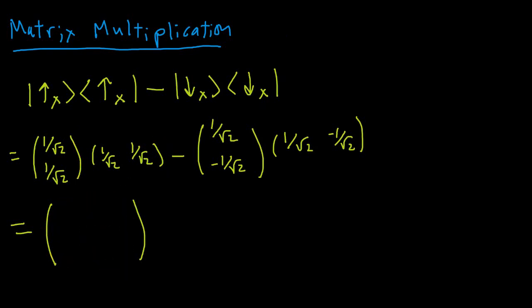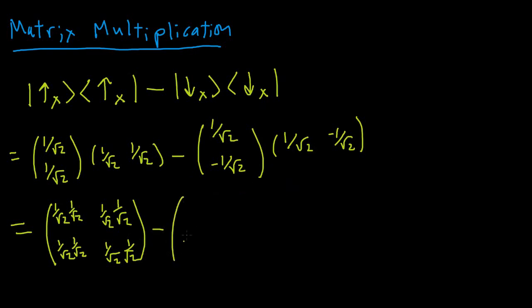So let's do just that. 1 over root 2, 1 over root 2, 1 over root 2, 1 over root 2. That was me putting that in the 2 spots. And now I'm going to put this in the 2 spots. So times 1 over root 2, 1 over root 2. Oh, I didn't even write a 2 there. Got kind of bored. Okay, 1 over root 2, 1 over root 2. And now we're going to do this one.